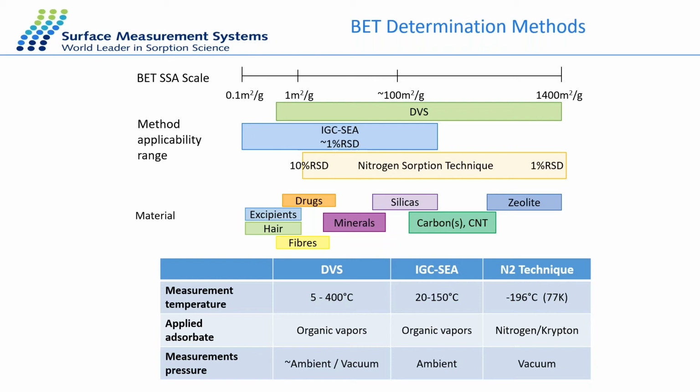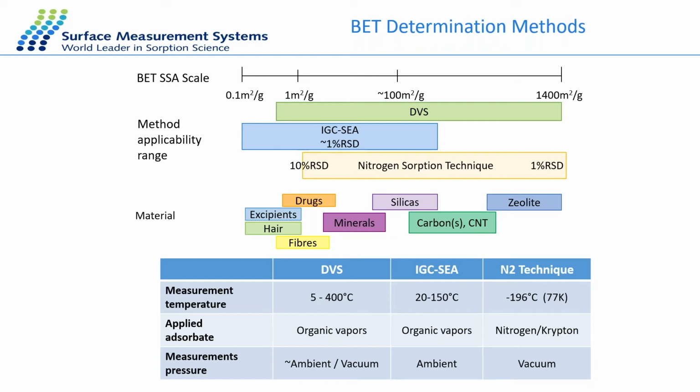As you see, the relative standard deviation is about 1 or less than 1 around 1,000 square meters per gram surface area. IGC can't measure such high surface area due to the pulse injection, but it's really accurate and applicable in the low surface area range, whereas other techniques struggle a little bit and the accuracy is not that good.